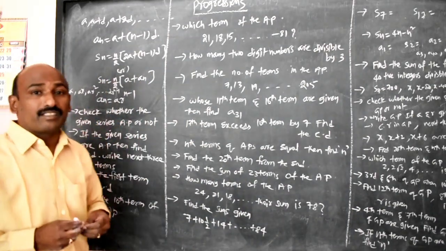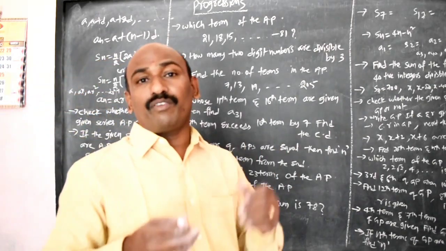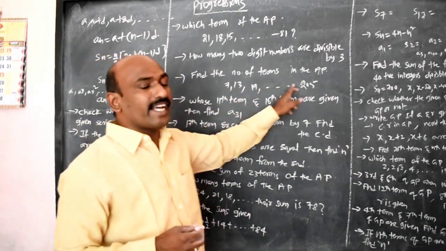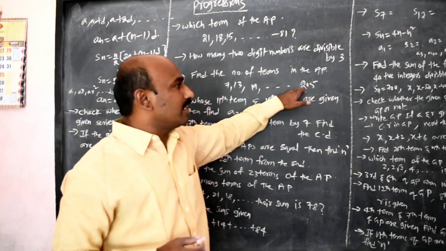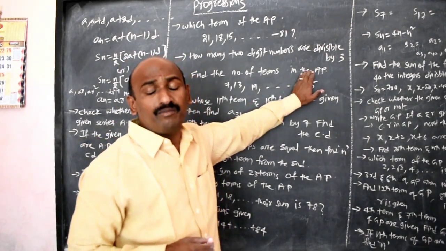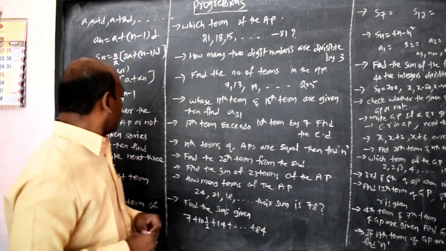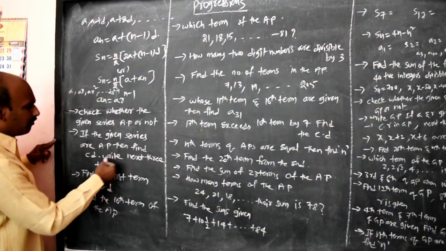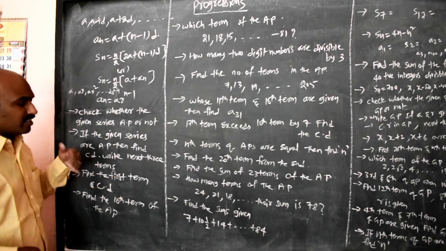Like this, the series may be finite or infinite. If the series is ending, like 7, 13, 19 up to 205, then it is countable and we can say it is finite. If there is no ending term, we can say it is an infinite series. Also, if the given series is an AP, find the common difference and the next 3 terms.